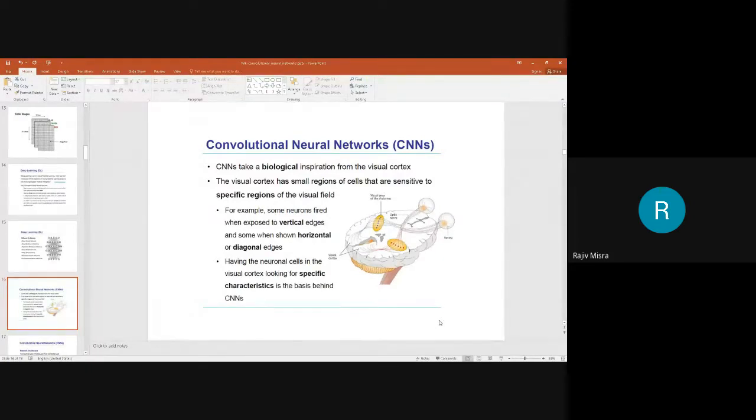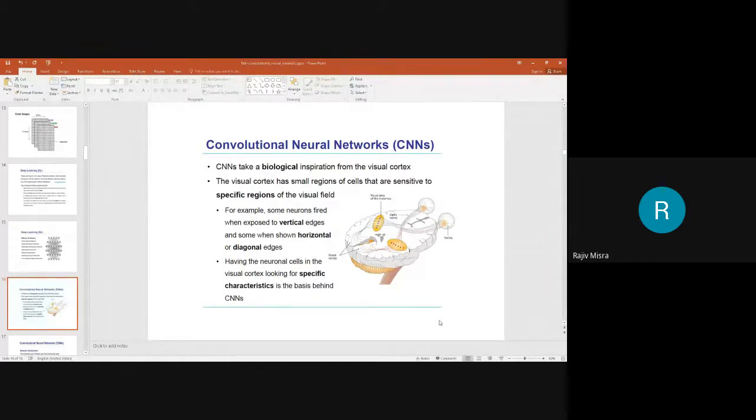Our eyes are specialized in seeing, to understand what they see from the external, physical world. Similarly, this convolutional neural network is specialized so that if you give it an image, it will be able to identify, classify, or understand the image. This entire computation is inspired from the biological visual cortex.